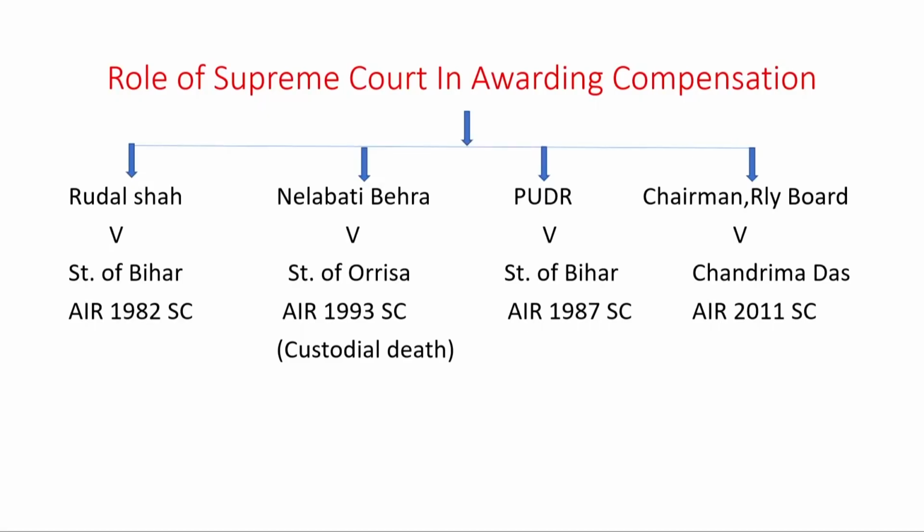What happened in this PUDR case? About 700 farmers were demanding their legal rights, democratic rights, from the government, and in that demonstration there were women and children along with other farmers, demanding their democratic rights peacefully. The police officers who were present at that time did not give any information.